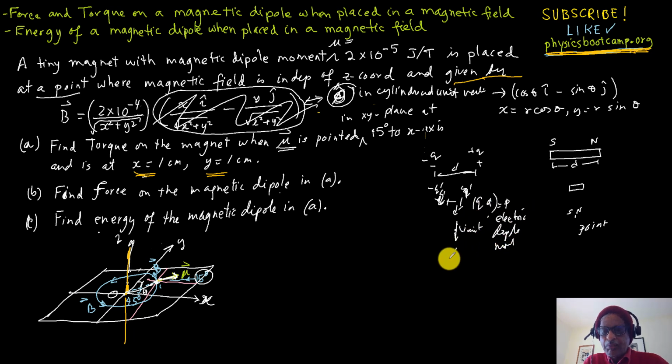And over here, even as a point, we can assign a p to it, and we can keep the direction the same, as if it had a south pole on one side and a north pole on the other side. There is no way to tell q and d here, because the limit is that q goes to infinity and d goes to 0, but p stays finite. This is kind of a weird limit.